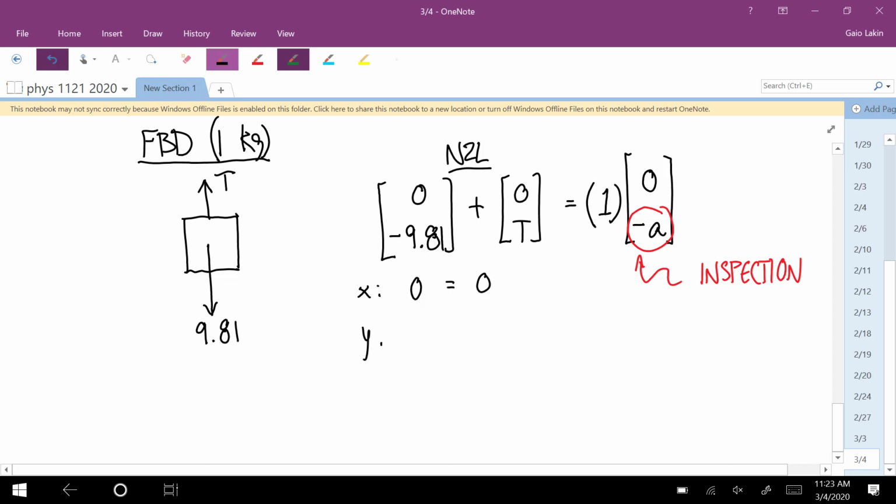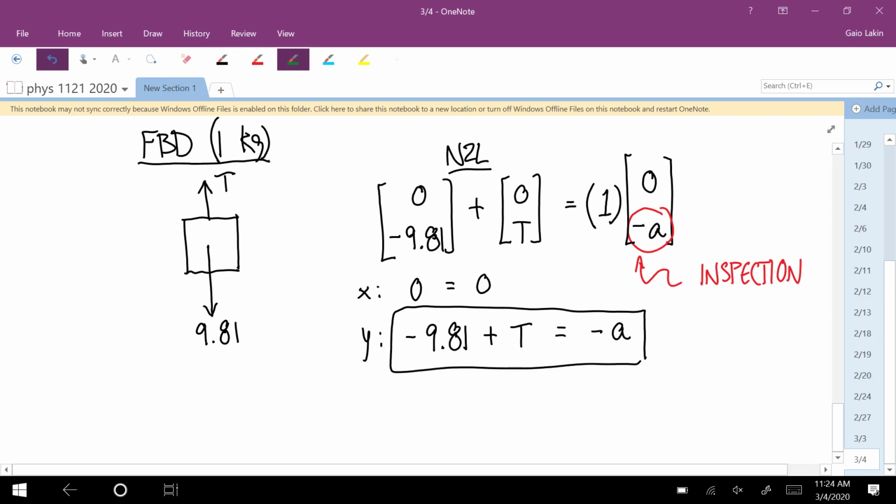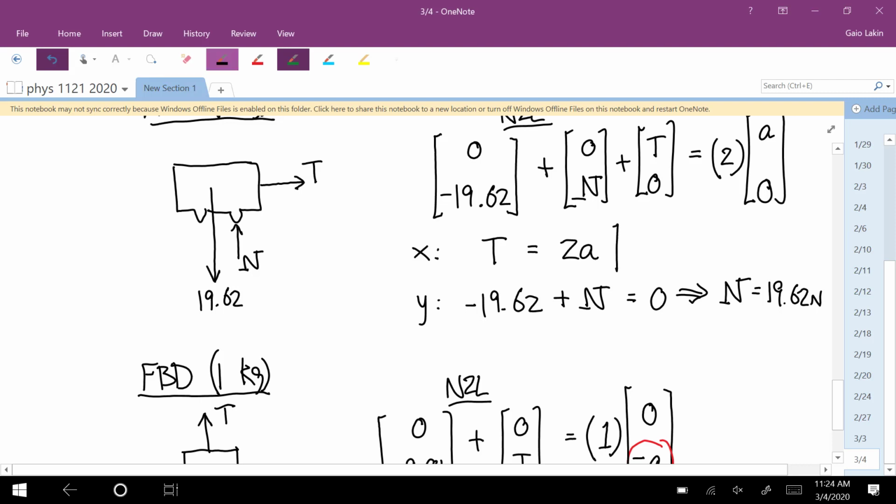And then the second one says negative 9.81 plus T is equal to negative a. Is there anything we can do now? We want the T and the a as numbers. Well, we have one equation for T and a here, and another equation for T and A here. So that's a system of two equations, and we can just solve it by substitution.